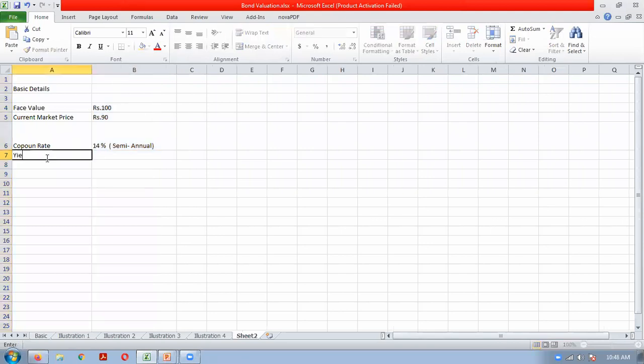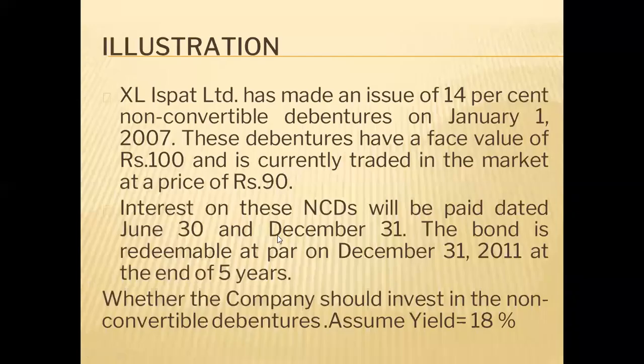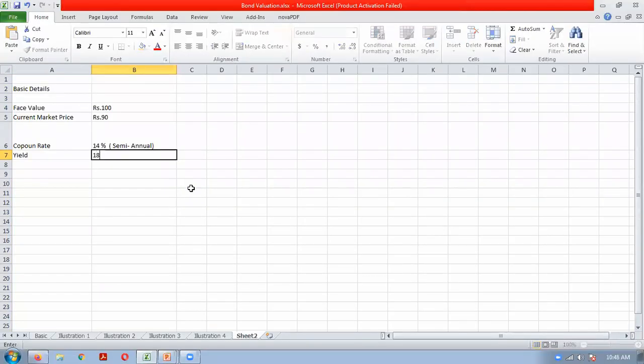Yield is 18%. Number of years is 5. Interest payable semi-annually.